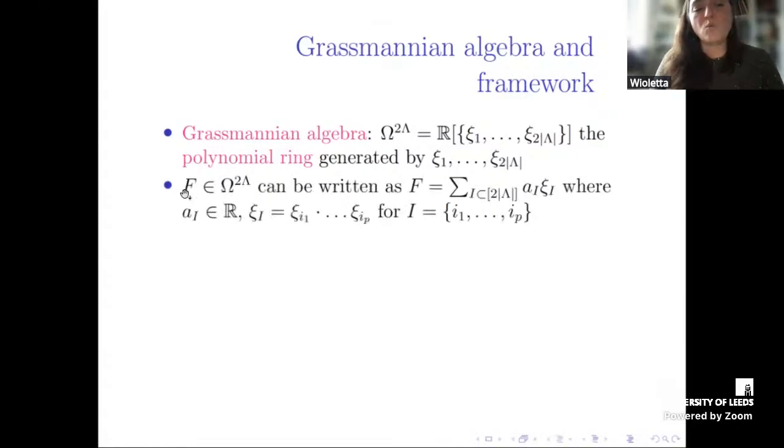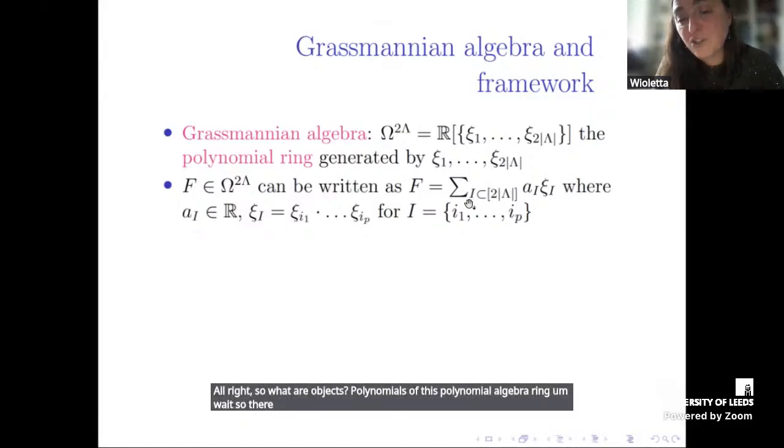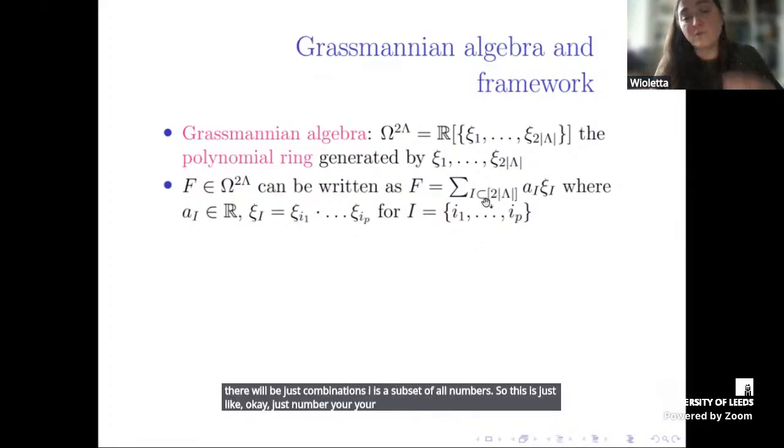All right, so what are the objects, the polynomials of this algebra? They will be just combinations where I is a subset of all numbers. Just number your vertices from 1 to 2 times the cardinality of lambda.